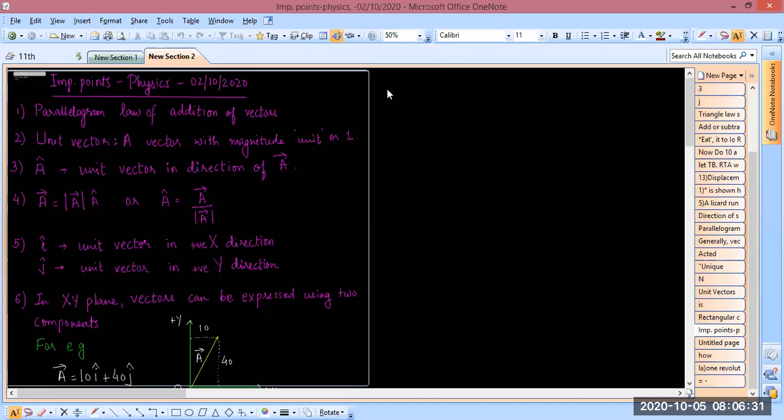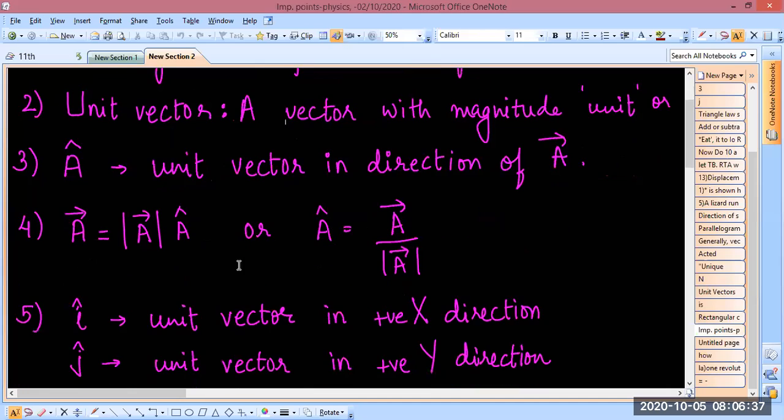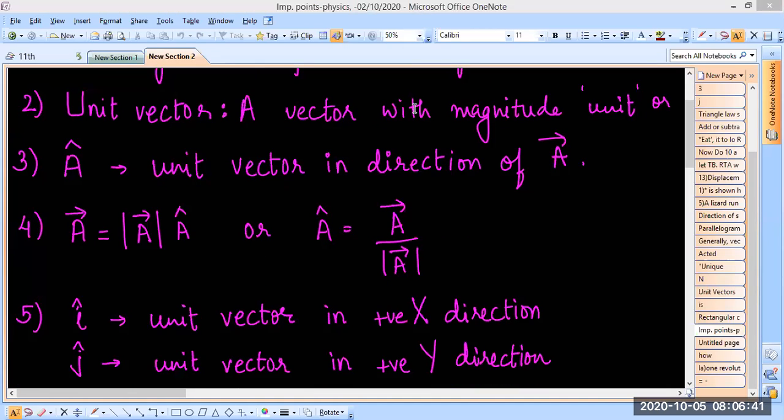It's a cap at its top. All right. Okay. And then this number 4 is an important relation of a unit vector, right? That vector A is equal to magnitude of vector A into that unit vector A, right? Unit vector A, which is in the direction of vector A, right?